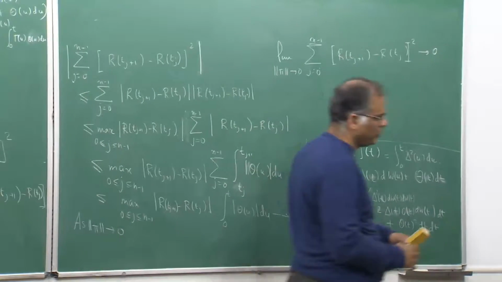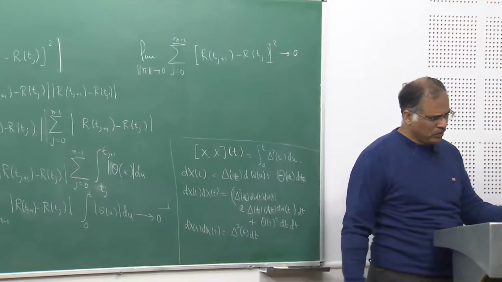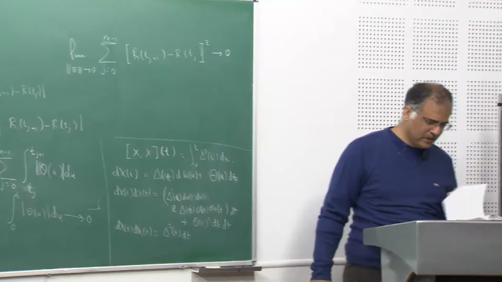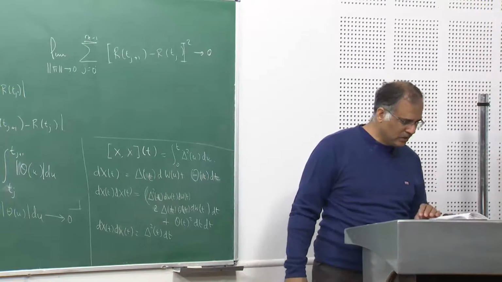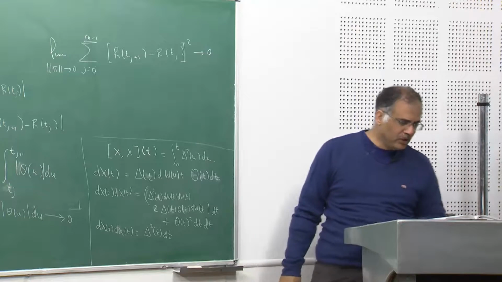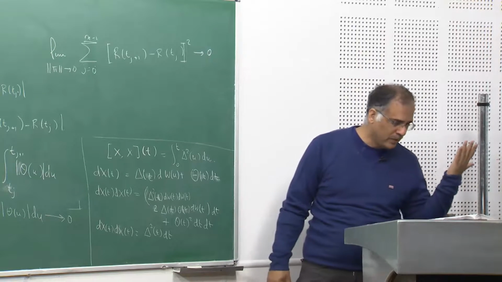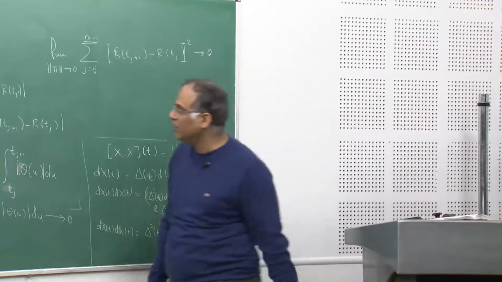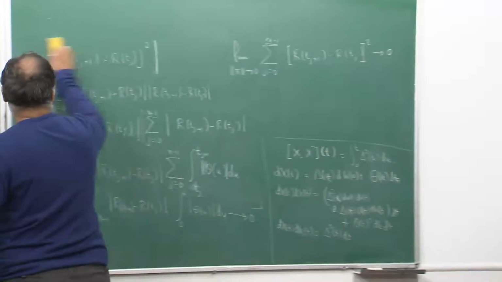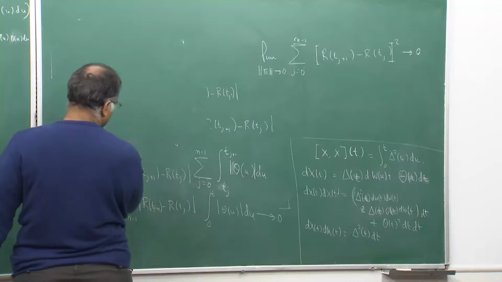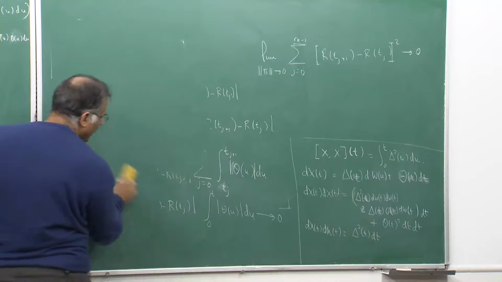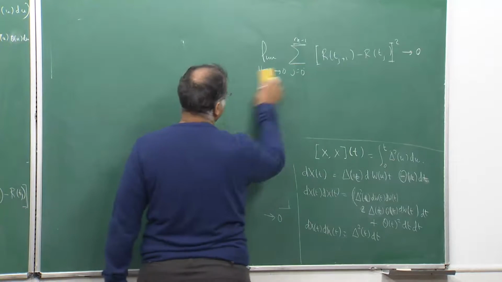Now, of course, the question comes, what if I then start talking about the Ito formula for an Ito process? Let us see what I can do. What is the Ito formula for an Ito process? So, I am just going to write the formula, not write the details.